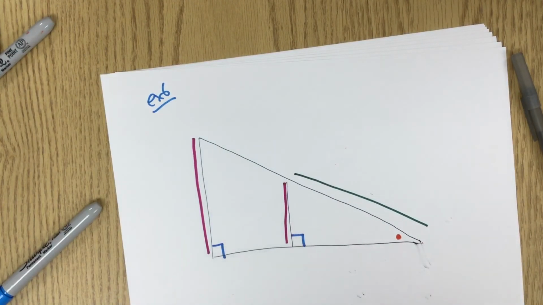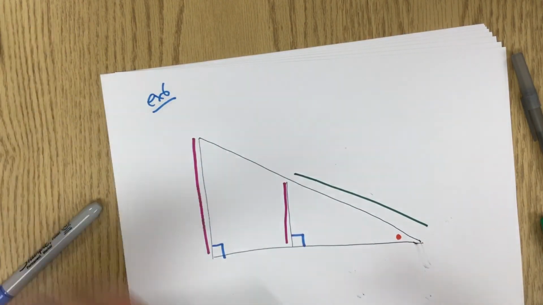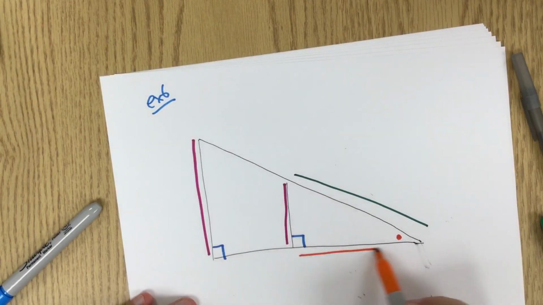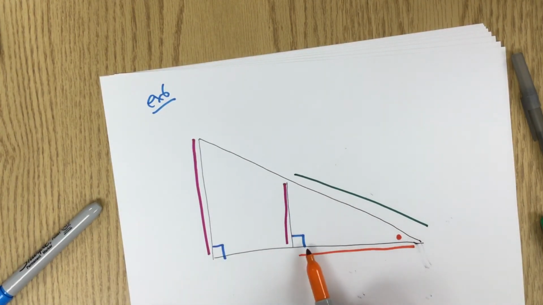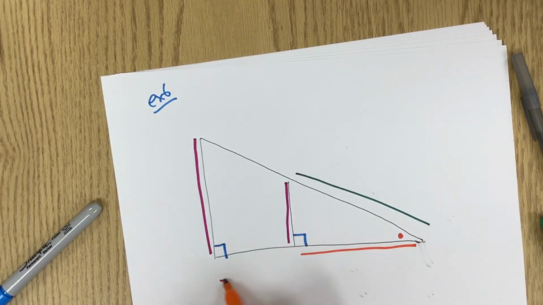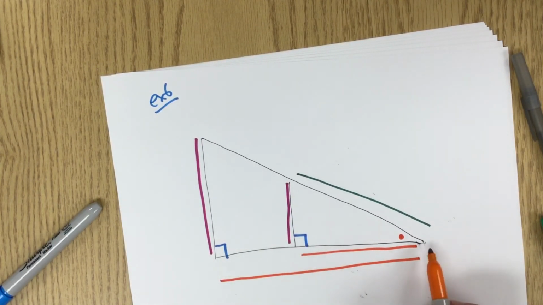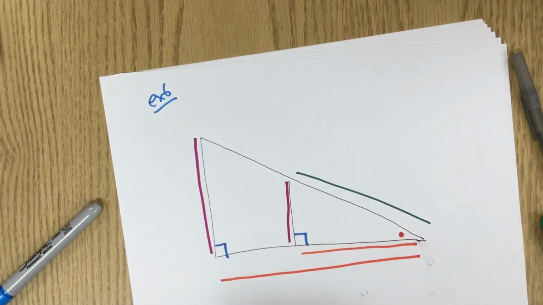Actually, we'll do the other one first. So this one is between dot and the right angle, so between the orange and the blue, and that corresponds to this. So that's the small side of the triangle, which corresponds to that side. Both of them are between the same angles.